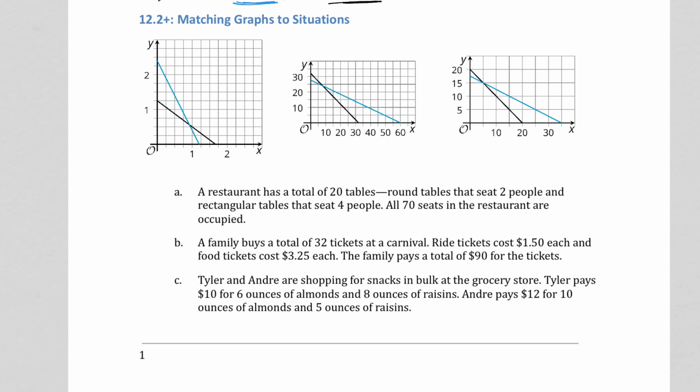So, what are my variables in this situation? Because it doesn't tell you the number of round tables or the number of rectangular tables, those are going to be the ones we need to have variables for.